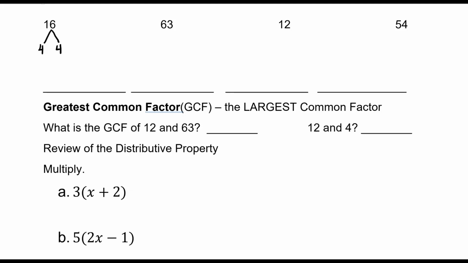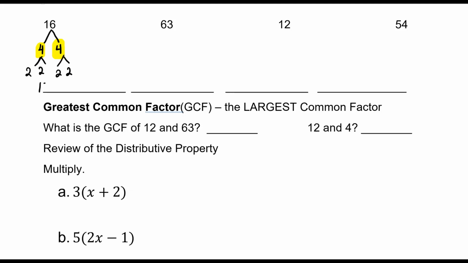Then we look at our branches, our leaves on our branches, and we decide whether or not those numbers are prime or not. These numbers are not prime numbers because we can break them down again. So we can break 4 down to 2 times 2, and again, 2 times 2.